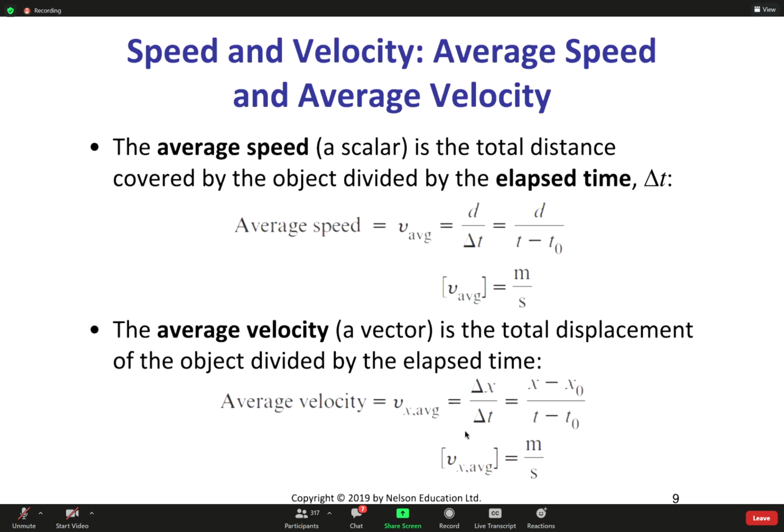So my question to you is this. Can you have a non-zero average speed but a zero average velocity? Yes or no? Yes. Exactly. So the answer is yes, because displacement can be zero, but the distance need not be zero.